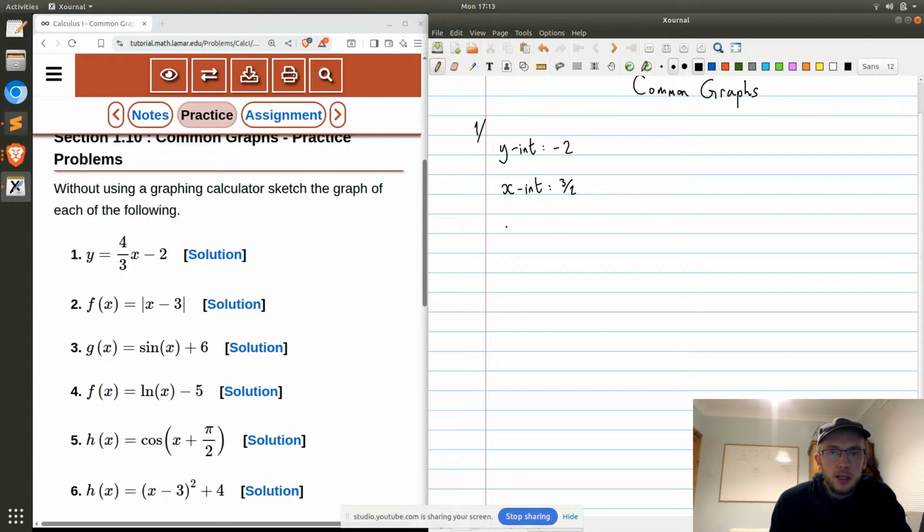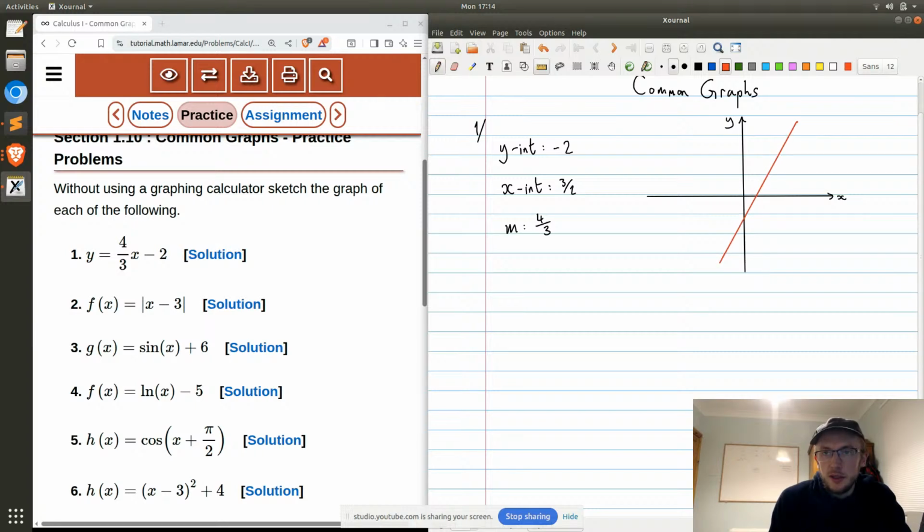And we might remark that m is 4/3. So when you graph it, 4/3, think, what would that look like?